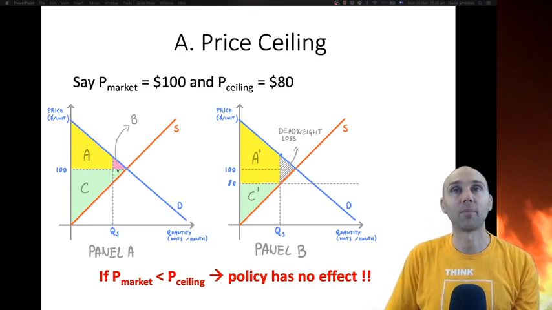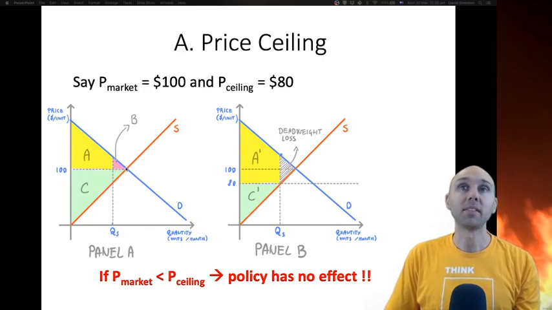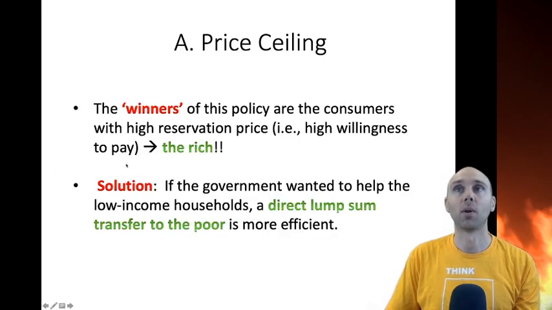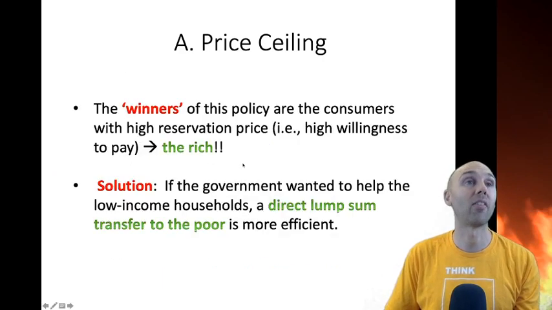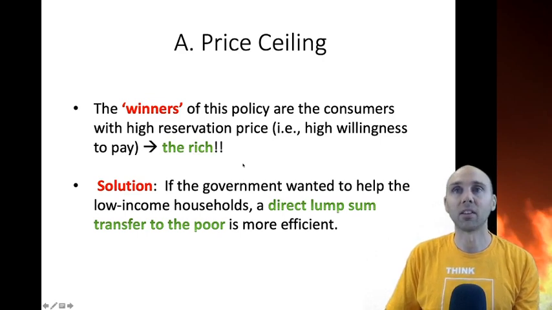So we can see that the part of the supply that's now missing, those consumers who were in the market here on the left panel but are no longer in the market on the right panel, are the poorer ones. It's the rich who are still in the market, and they're the ones who are capturing this increase in the consumer surplus.